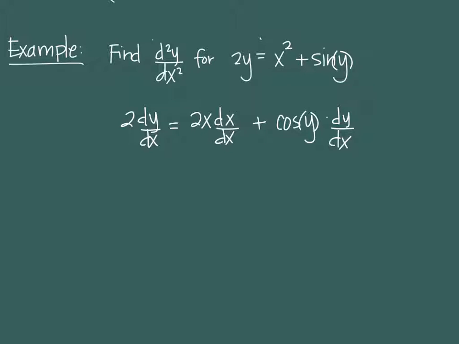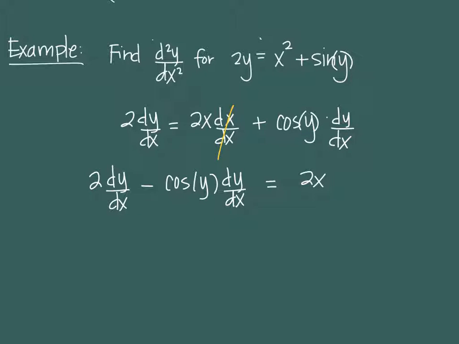I notice that the dx/dx disappears, leaving me with a dy/dx on both sides. So what I would want to do is gather all the dy/dx terms on the same left side of the equation. So I'll have 2 dy/dx on the left side, and then coming to join it would be a negative cosine y dy/dx. So I'm bringing that over so that I have like terms, leaving me with just 2x on the right.